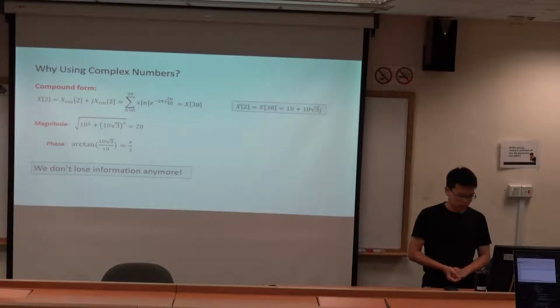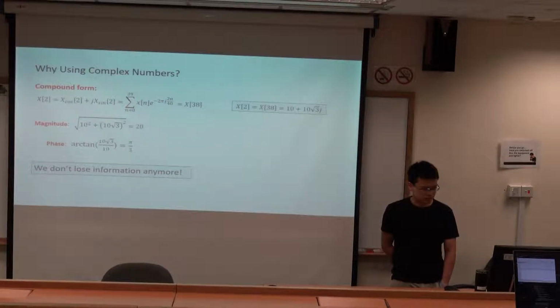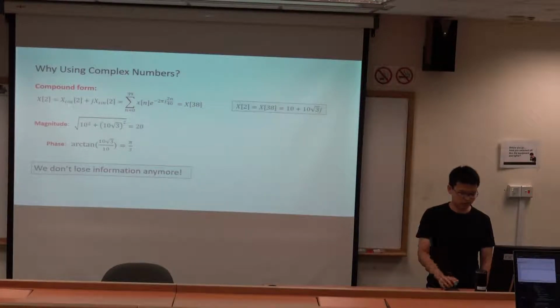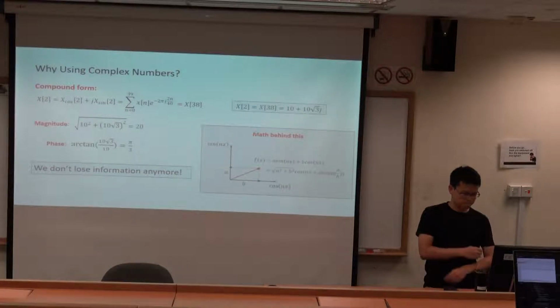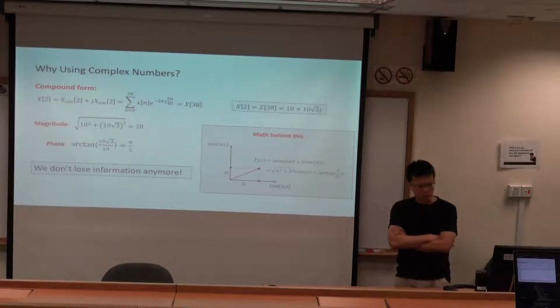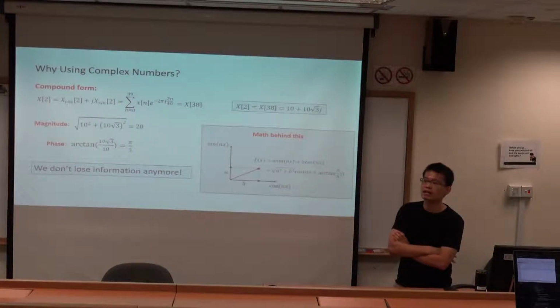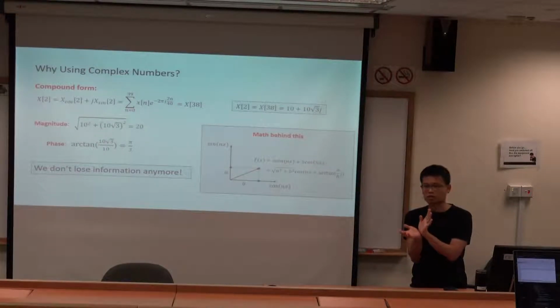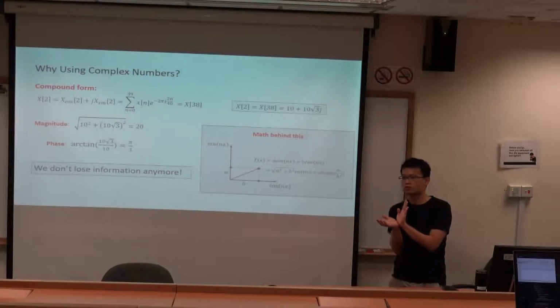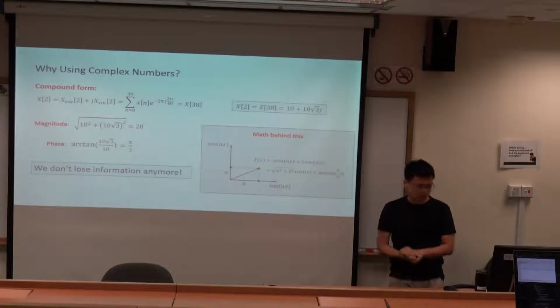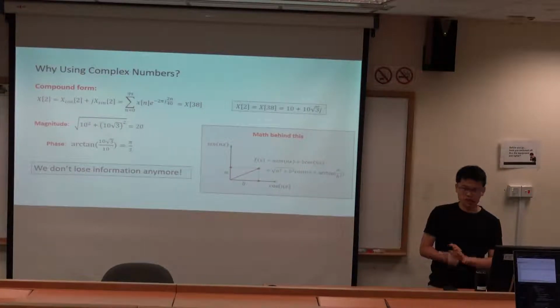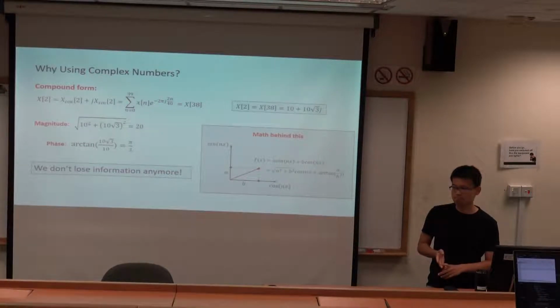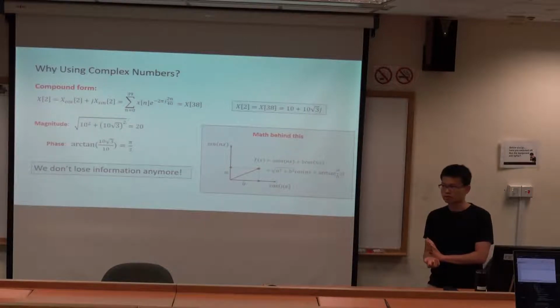Well, the math behind this is really a little bit beyond this course. It's actually, if you have learned Fourier analysis or real analysis, sine and cosine are orthogonal. You might have heard this. So the correlation function is exactly the inner product, right?